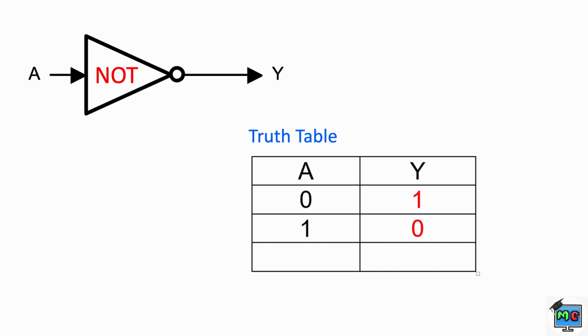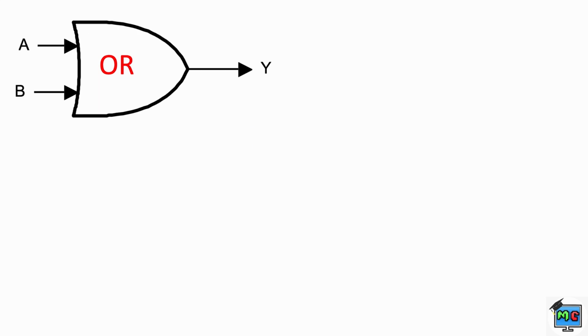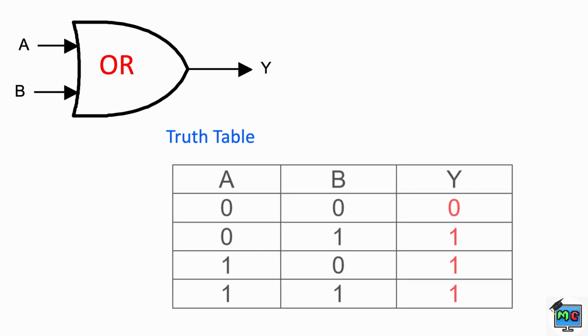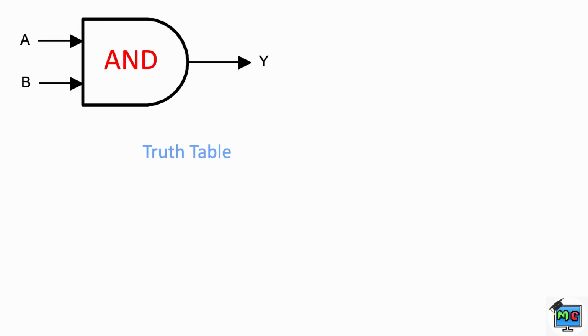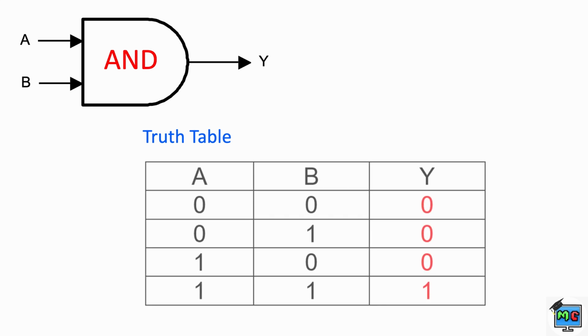We could do the same thing for other gates as well, like the OR gate. The truth table for the OR gate looks like this. Again, if I were to take away the symbol, you can still recognize just from the truth table this is an OR gate. Also the AND gate, the truth table for the AND gate is this.